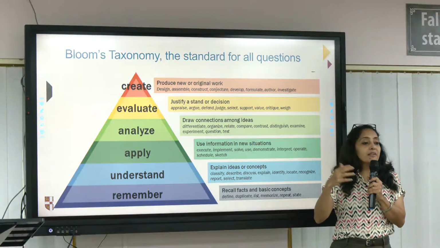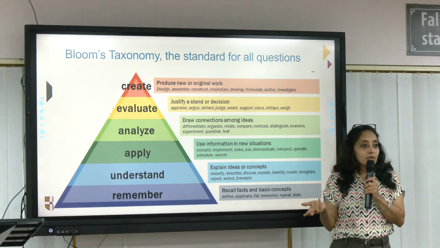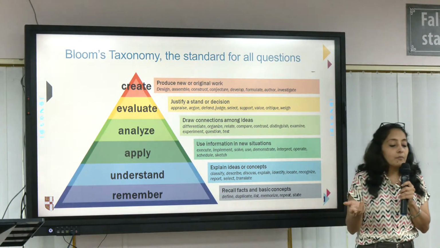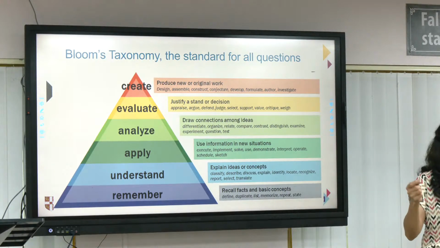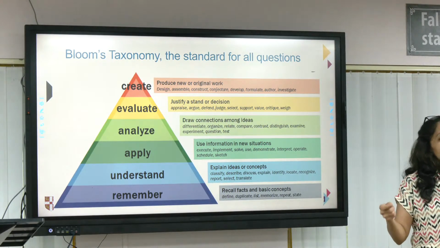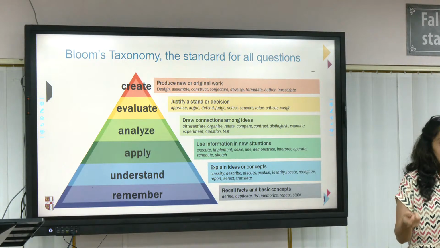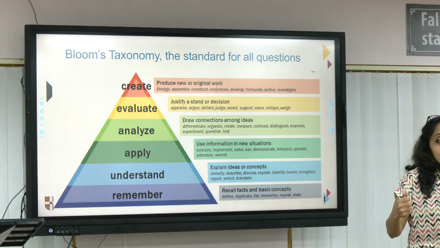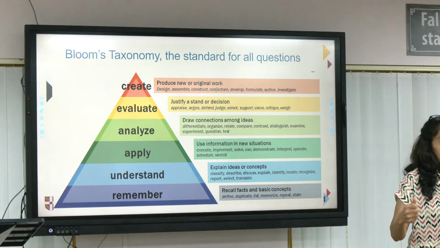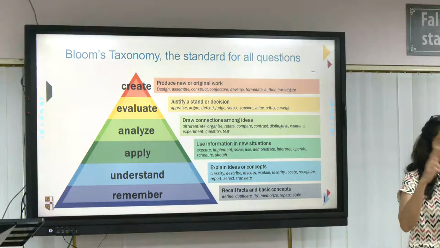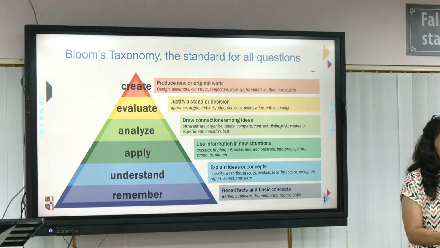For example, if they have learned about shadows, I tell them, I want you to create a story based on shadow puppets. Now, it's an application thing because when they're making that story, they have to create a shadow using a shadow theater. That's a box theater with a translucent screen.